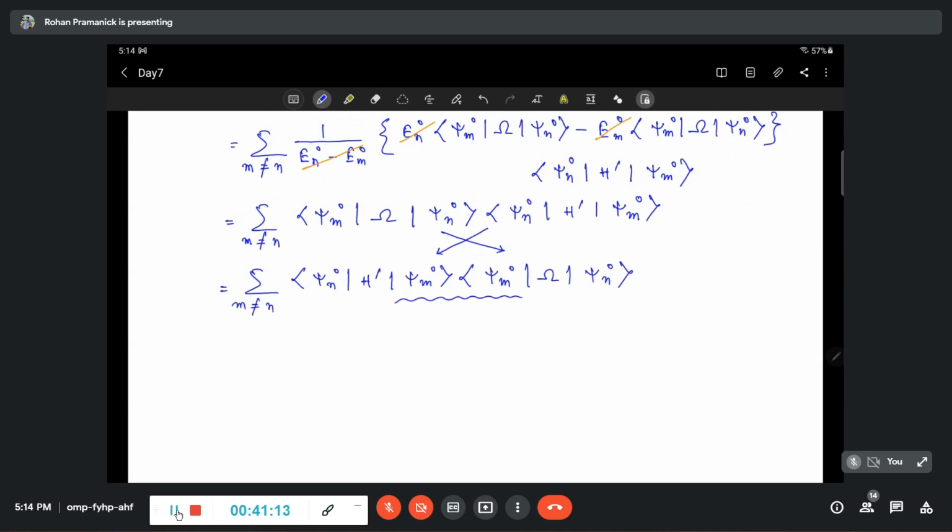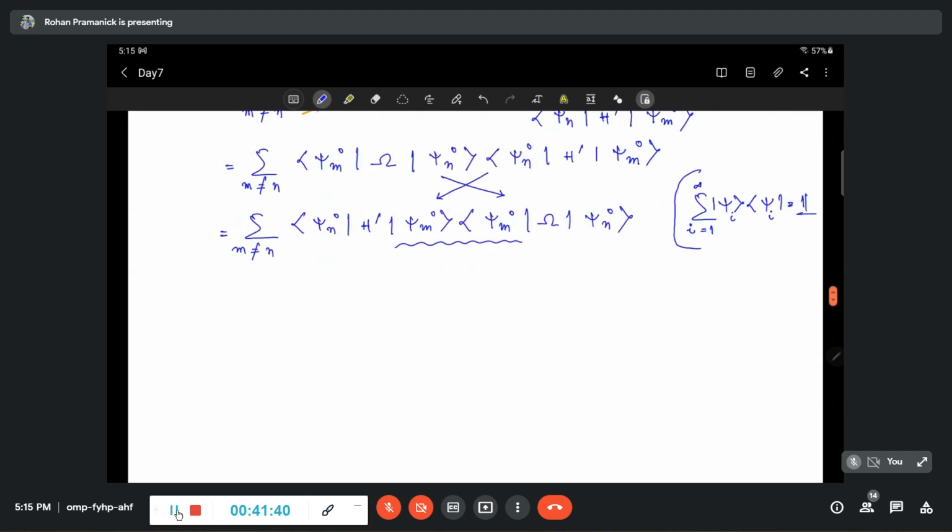They are inserted in this way, and you know that they form a complete set. If you have psi i, with i from 1 to infinity, it gives you the identity. So these are all possible eigenstates. So this is nothing but the orthonormalization of the basis set.